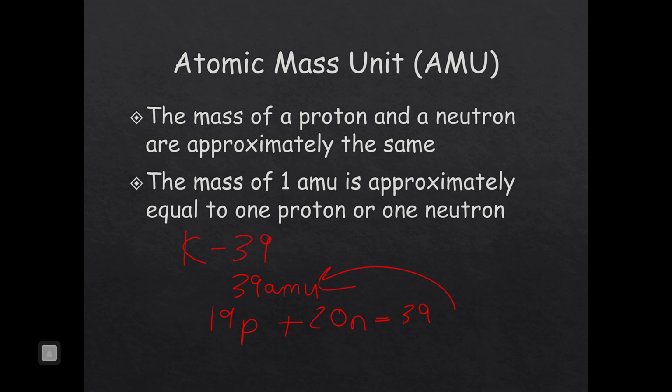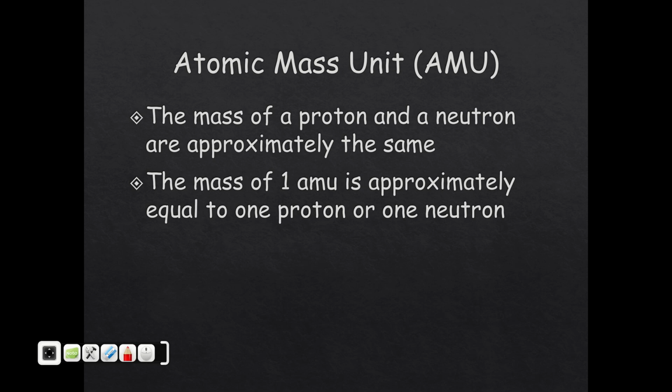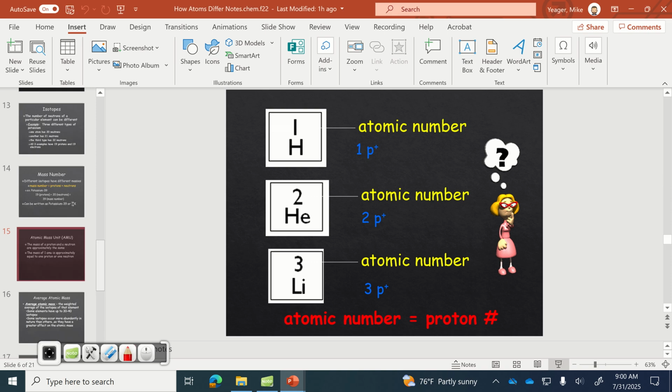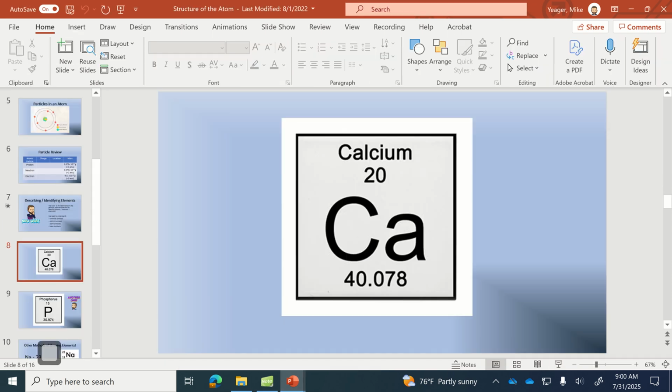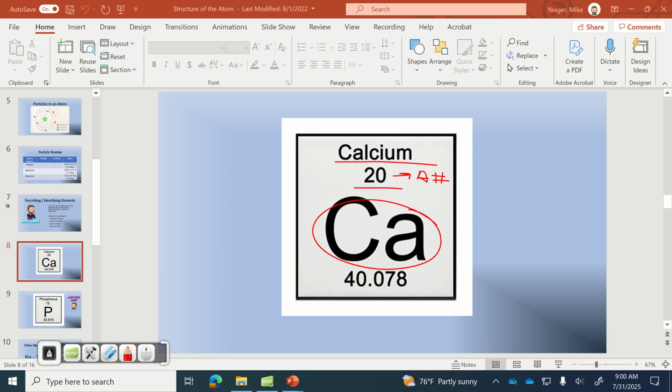Let me point out one other thing, and maybe we'll do just one or two other problems. Going back to my other presentation, I just want to point this out right now so we understand. Again, this is what you see on a periodic table. We already said chemical name, atomic number, chemical symbol. What is this thing?